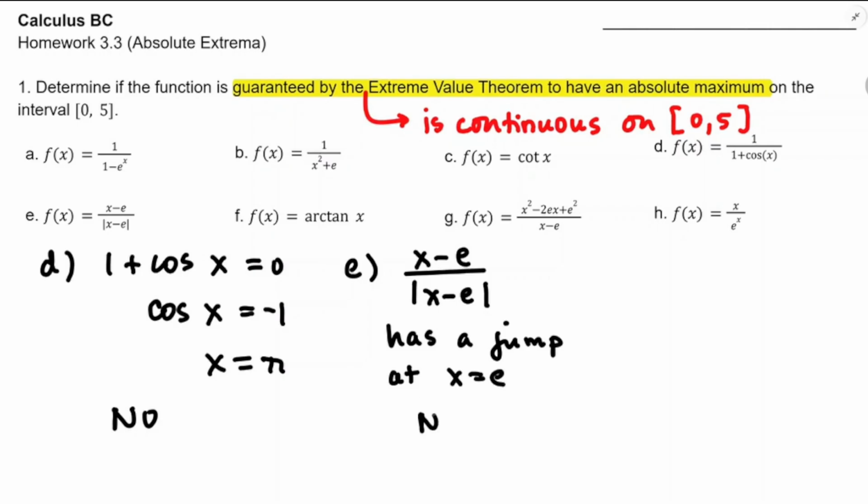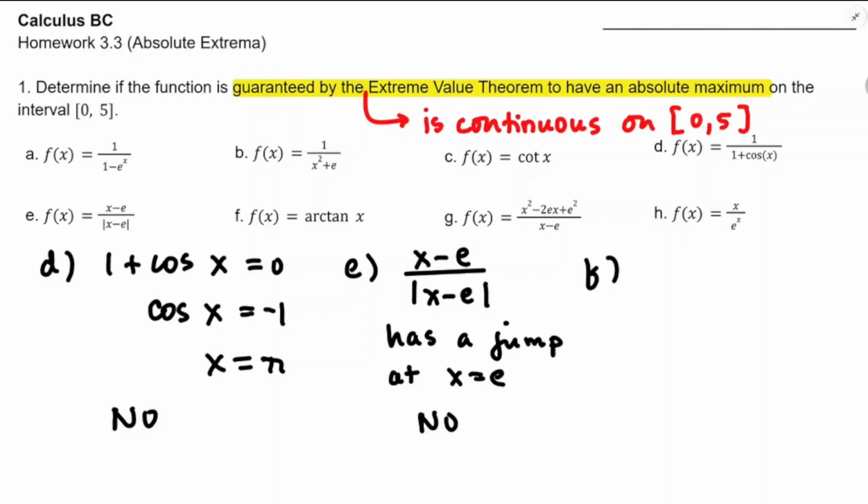Okay, so that's going to be no because the function is discontinuous. I think that function actually does have an absolute maximum on the interval. I think the maximum is going to be 1, but that's just a coincidence, and it's not guaranteed by the extreme value theorem.